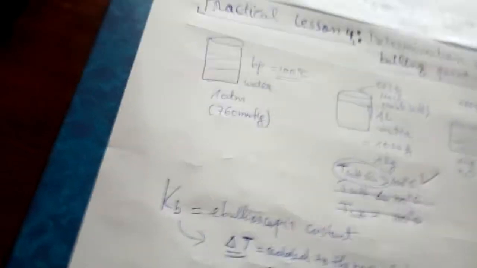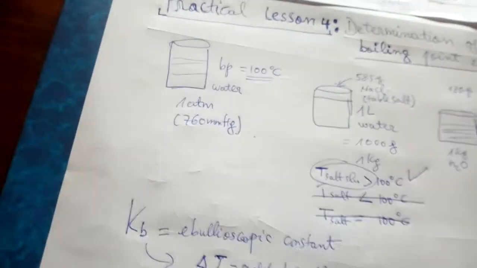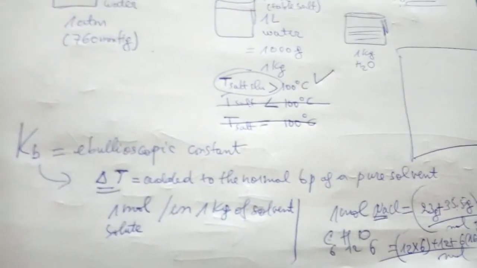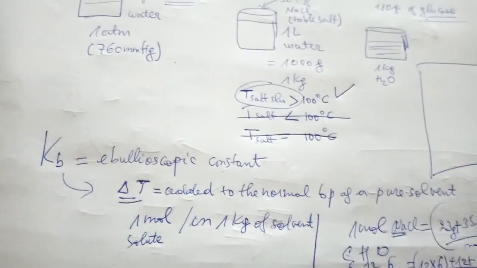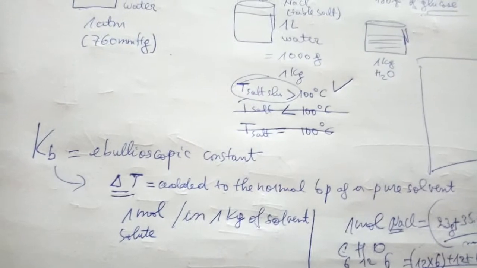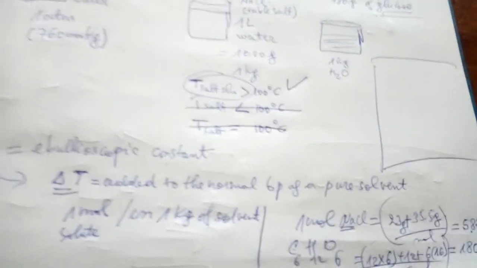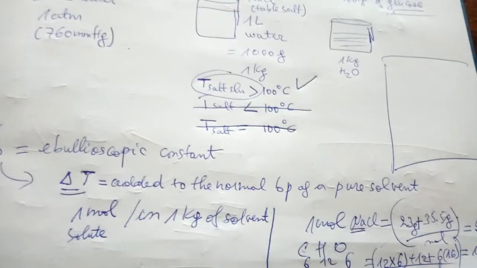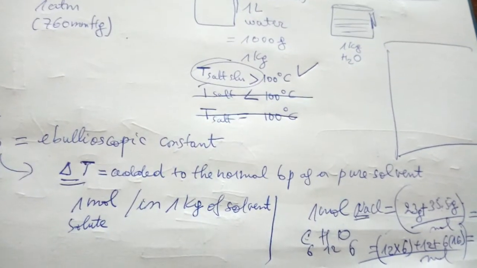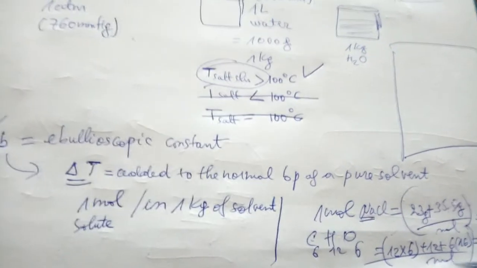It means that quantitatively, the boiling point elevation caused by 58.5 grams of sodium chloride, which is the table salt, is the same as that for 180 grams of glucose.